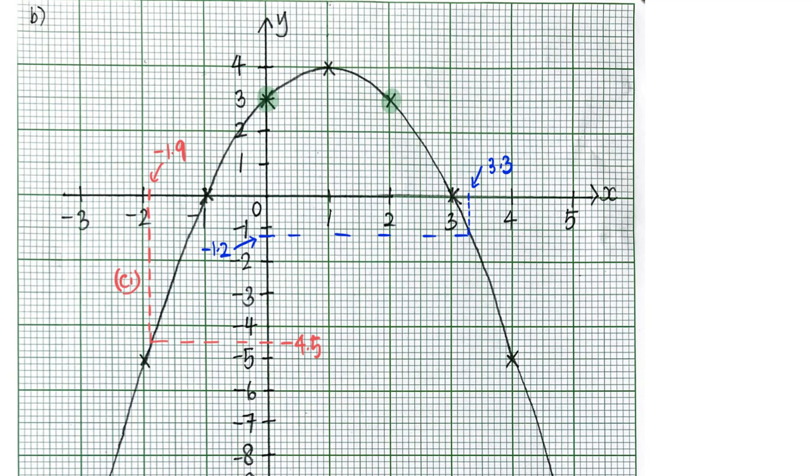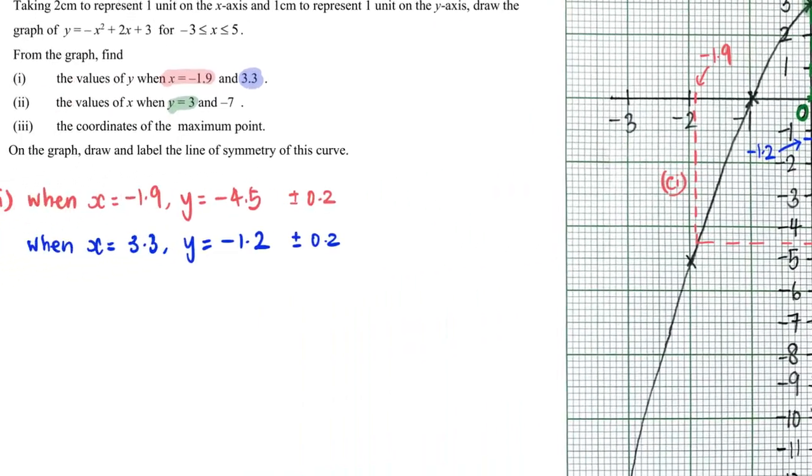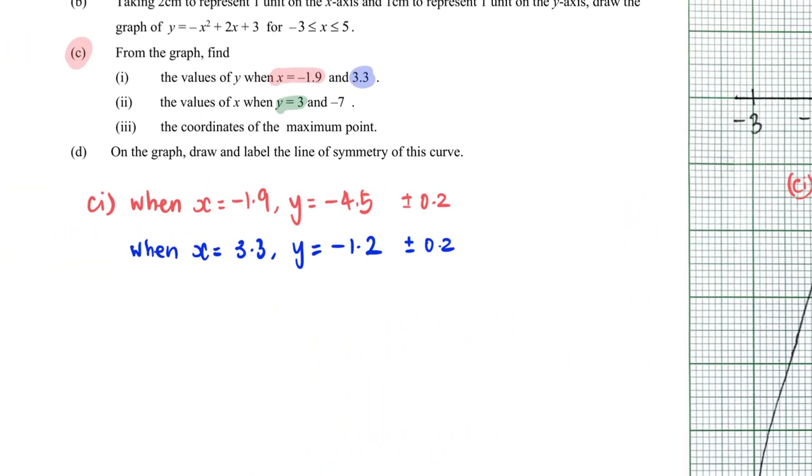So we would have x equals 0, or x equals 2. So it's either 0 or 2. Okay, so that is for the first part of this C part 2. When y equals 3, my x equals 0, or x equals 2.